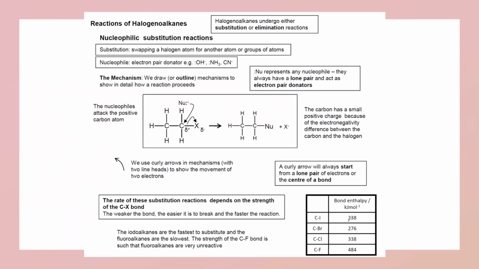As you can see, carbon and iodine is 238 kilojoules per mole, carbon bromine 276, carbon chlorine 338. So this bond is easy to break, or a smaller amount of energy is needed. This bond, carbon and chlorine, is difficult to break, or it will take time to break this bond.